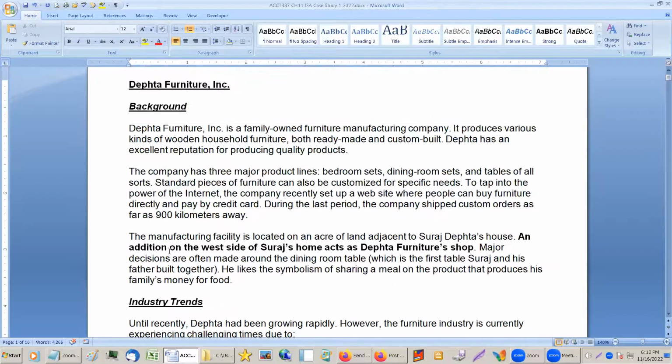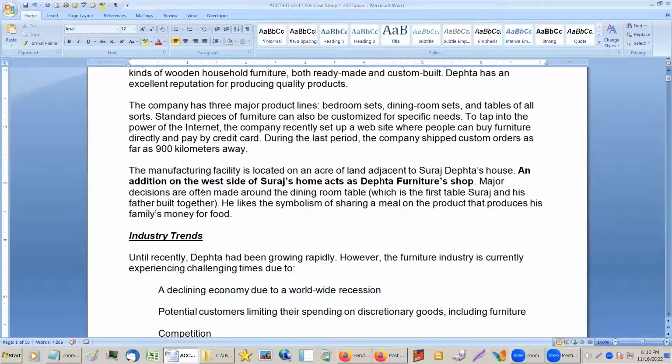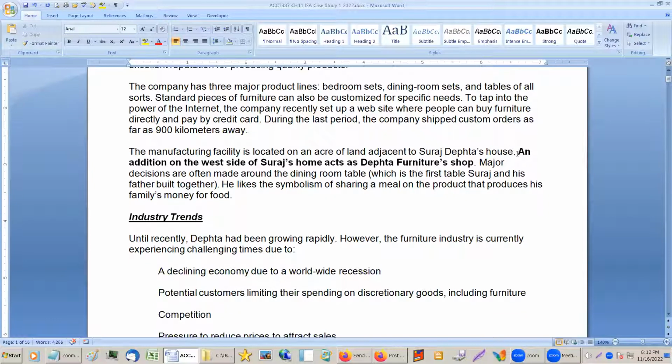Okay, so small, well, I don't know how small it is, but a family-run business, a furniture company. I like this, the sales room is attached to the owner's house. This used to be very common.